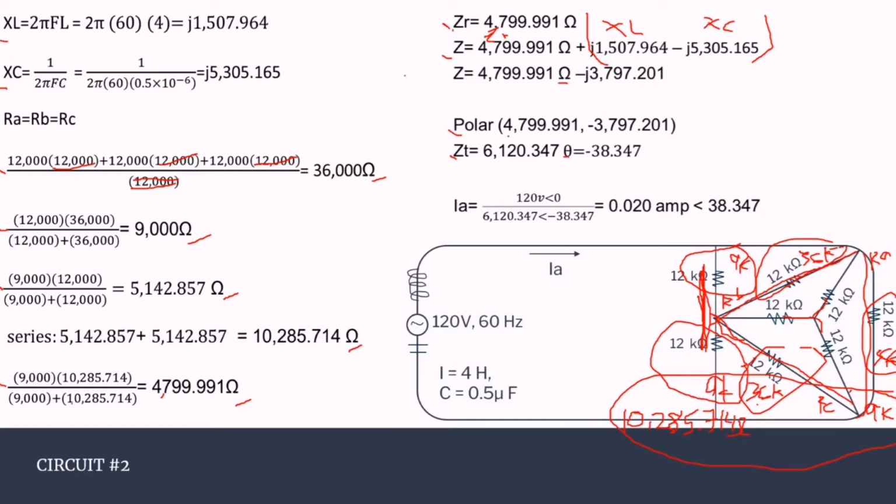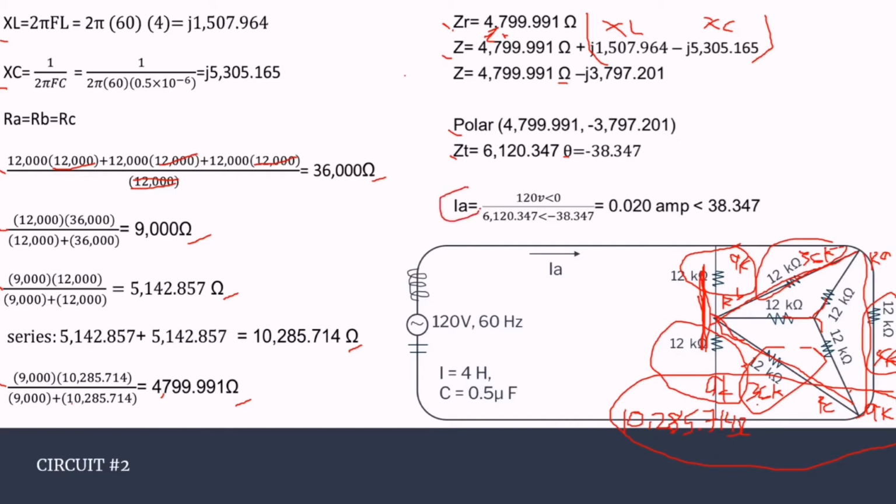So polar 4,799.991 and negative 3,797.201. So the answer for our Z total is 6,120.347, and our angle is negative 38.300.